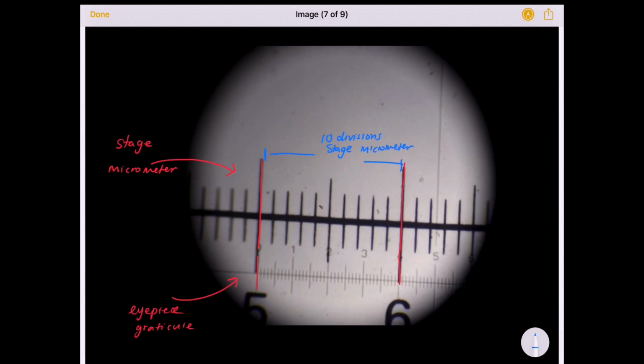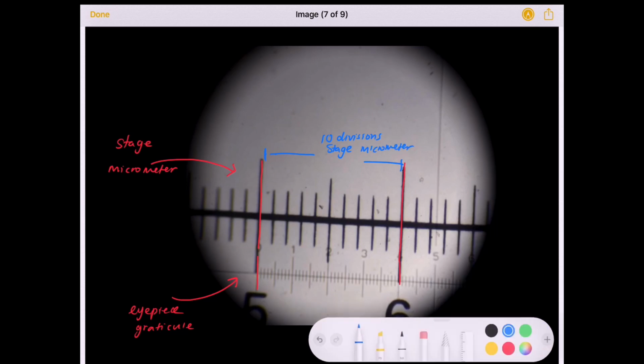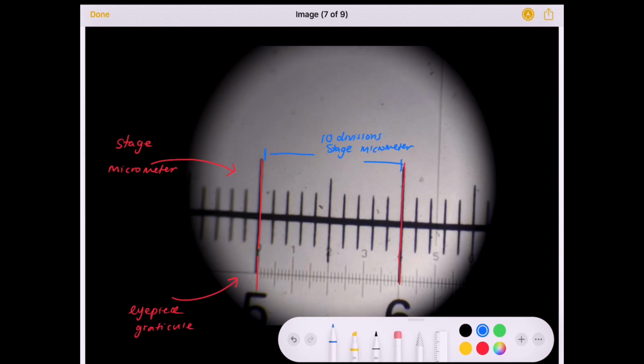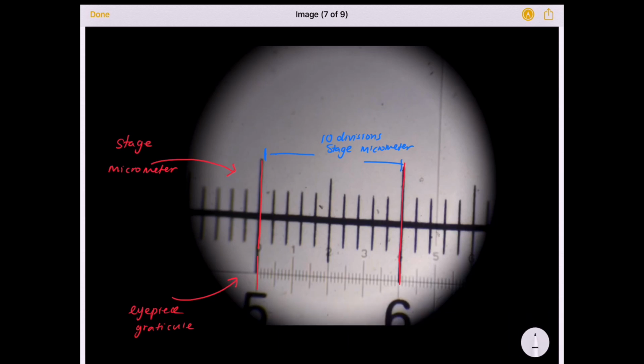That is matching with, okay, how many divisions of eyepiece graticule? From here to here, we have a total of 10, 20, 30, 40. So I have 40 divisions of eyepiece graticule.